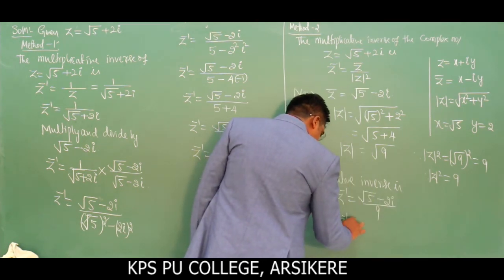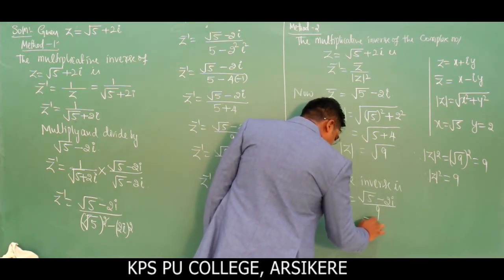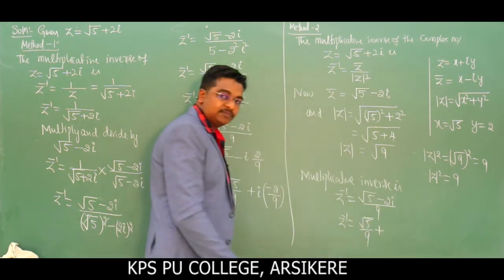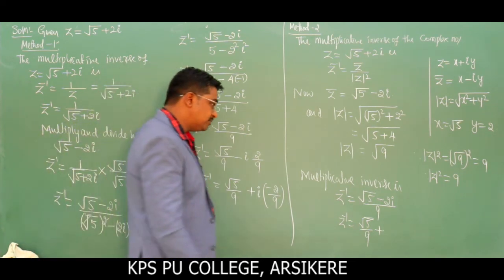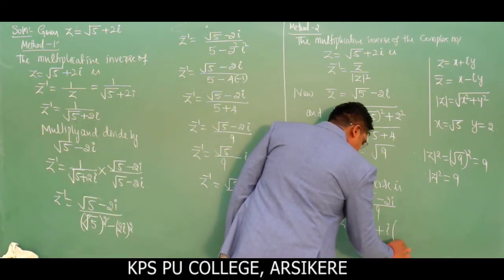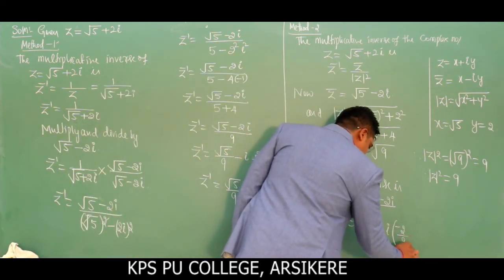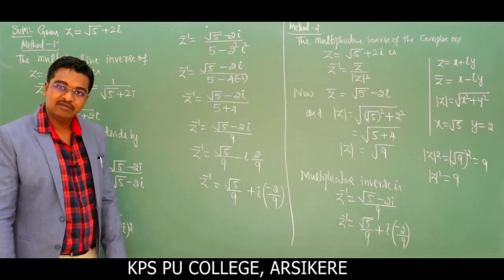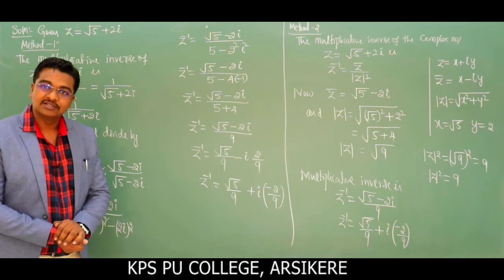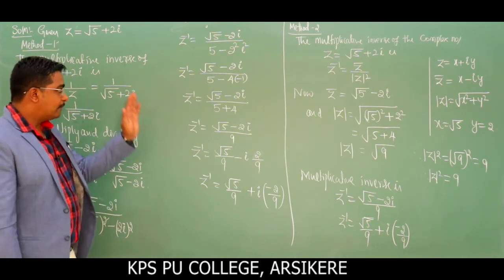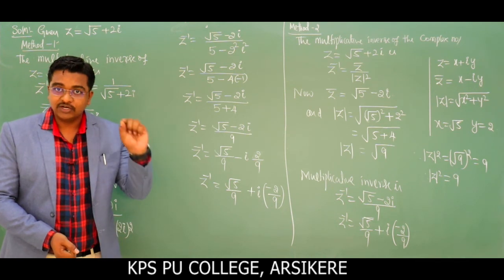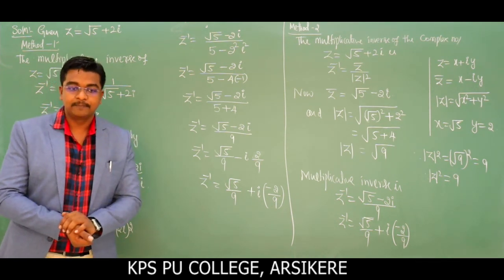Separate the real part as well as the imaginary part: root 5 divided by 9, plus i times minus 2 divided by 9. This is the required multiplicative inverse of the given complex number. Method 1 and method 2. Take a pause and note down all the things I have written here.